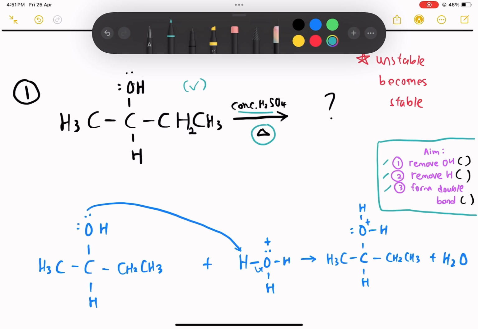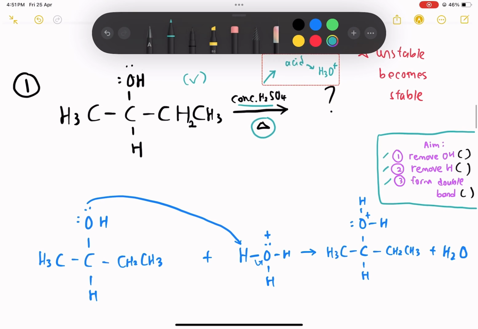So let's see the first step of this mechanism. We know that concentrated H2SO4 is an acid. So when it dissolves in water, it will form H3O+, which indicates the presence of acid. So in the first step, this compound will react with H3O+, which is this one.